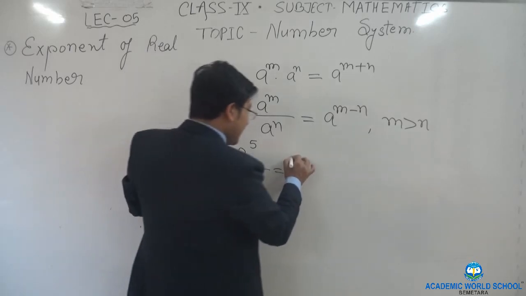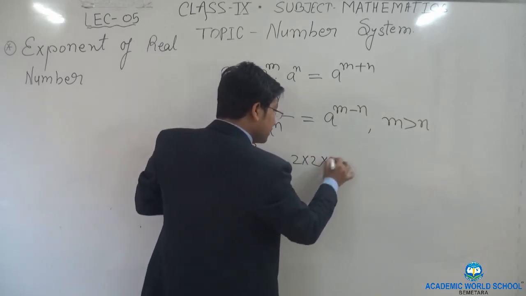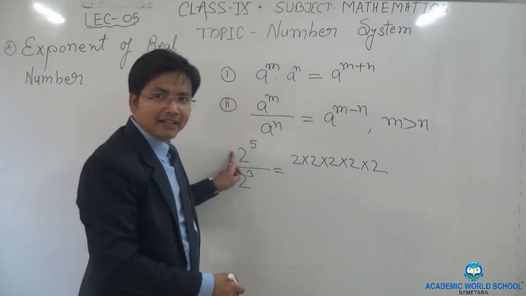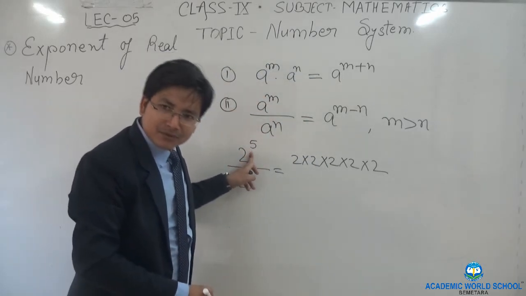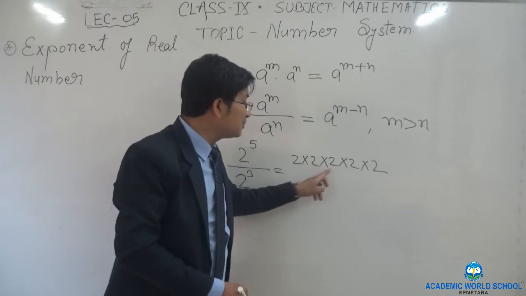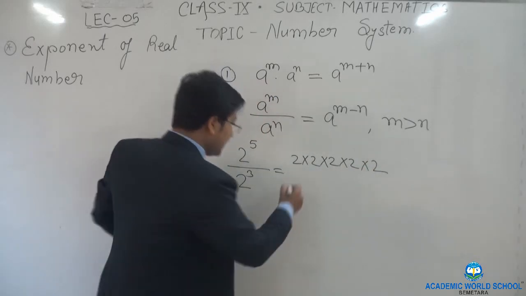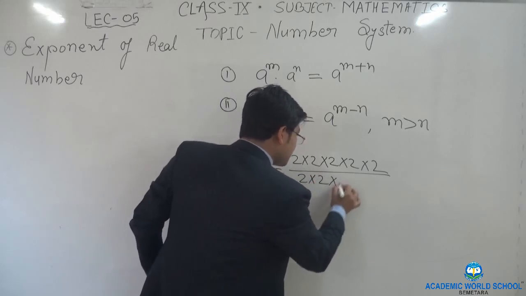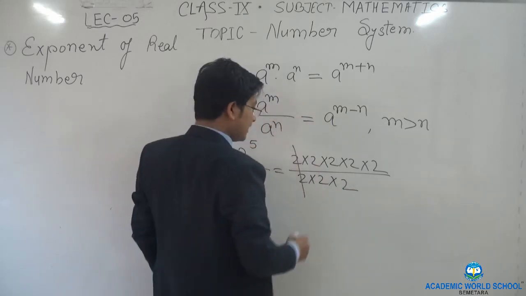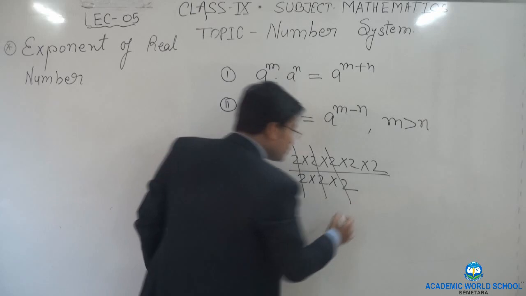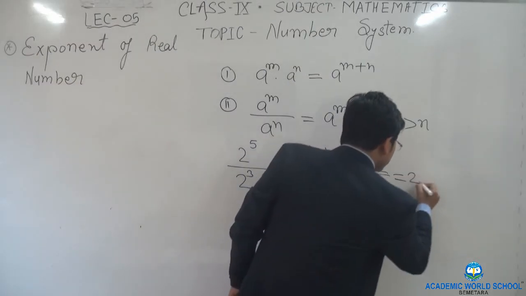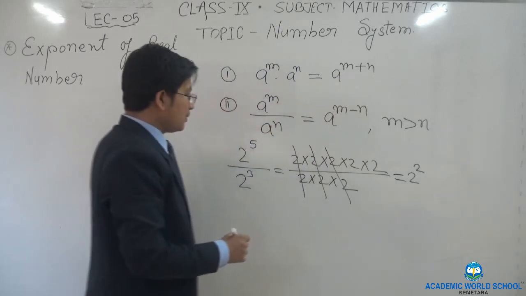It means I have to write 2 into 2 into 2 into 2 into 2, 5 times, since this is power 5. 1, 2, 3, 4, 5. And then I will be writing 2 into 2 into 2 below. So cancel out. So what we are left with is 2 to the power 2.